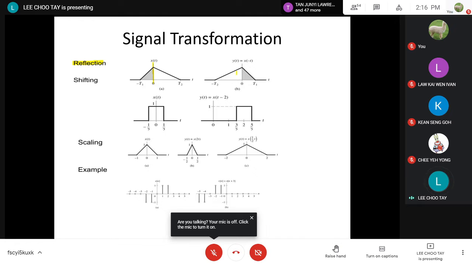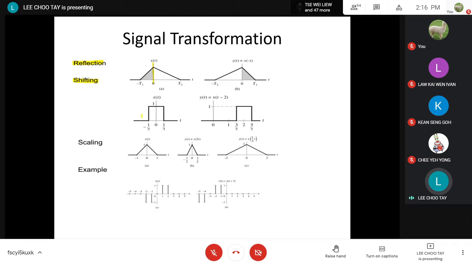So this is reflection. And a very important signal transformation in communication systems is shifting. If you look at this example, we have a rectangular pulse centered at t equals 0. But if you shift this signal in time, we can have this signal, which has been shifted in time.